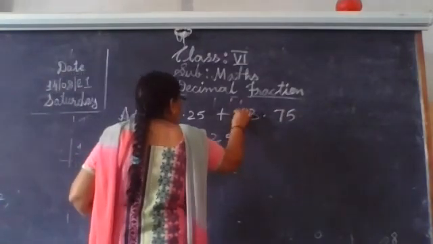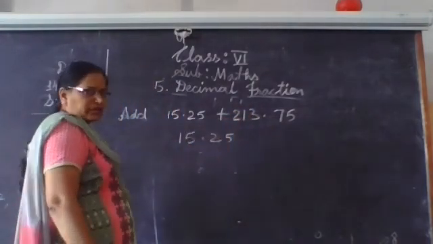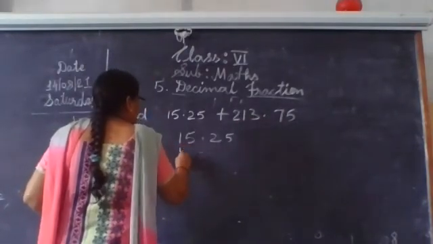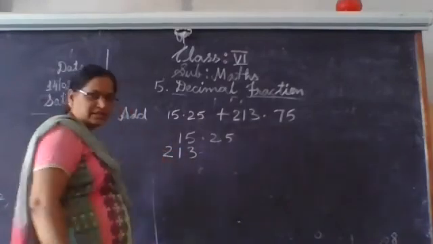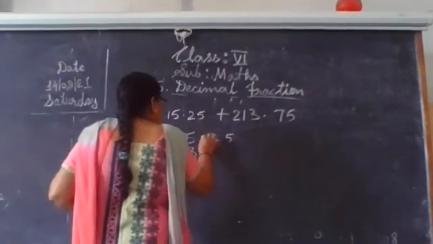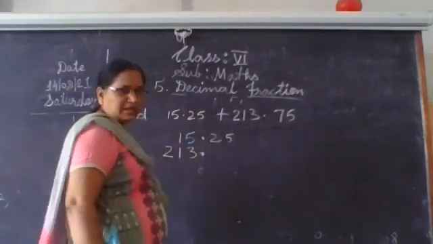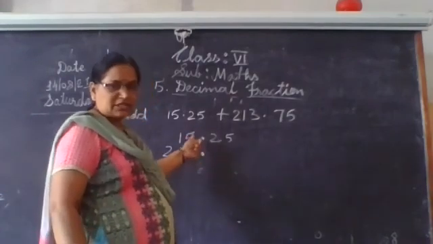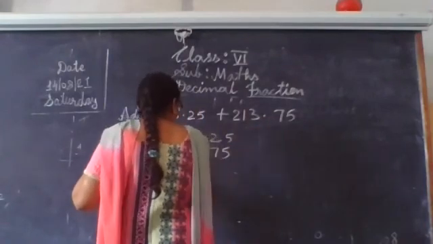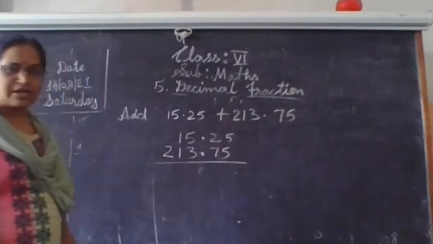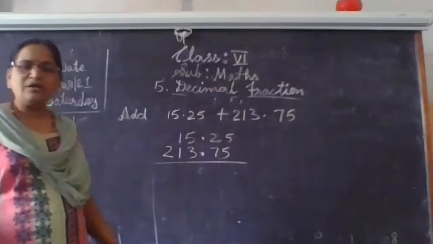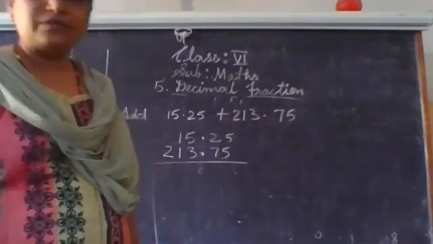And below it 13.75. So like this, arrange whole numbers below the whole number and decimals in the same line, decimal below the decimal. 75. So in this way, you have to arrange the decimal numbers properly and then add or subtract. Got it, children? So bye bye beta.